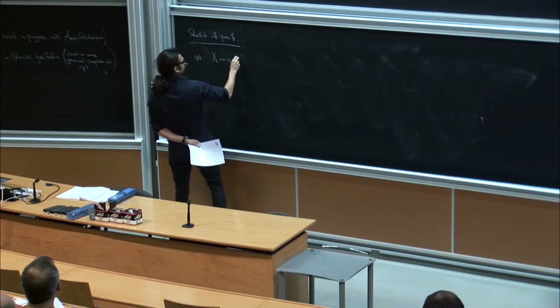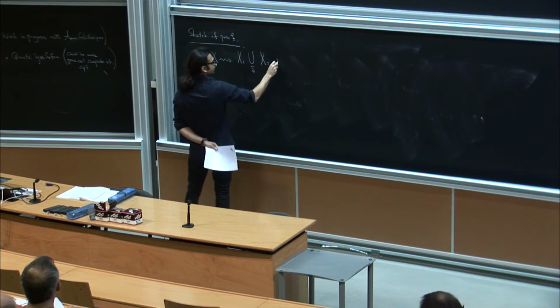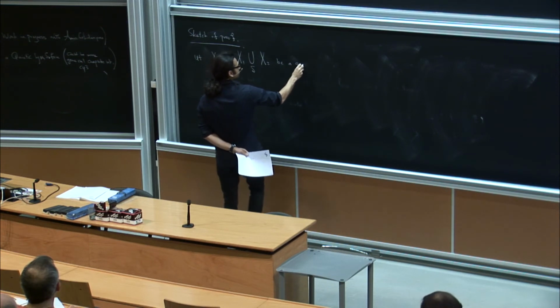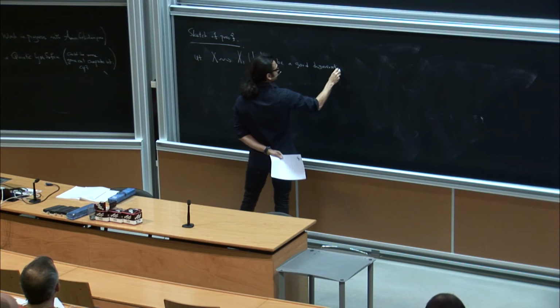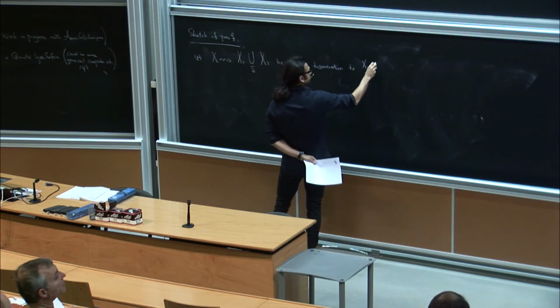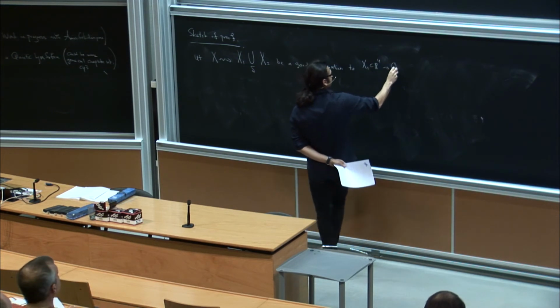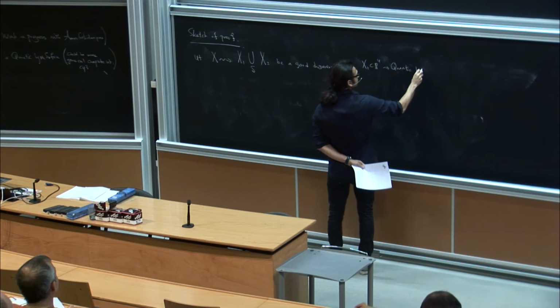Let X degenerate to X1 union over S with X2, a good degeneration. X1 here is a quartic threefold, a quartic hypersurface.